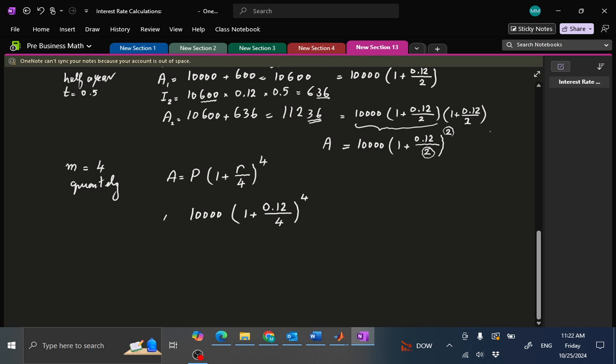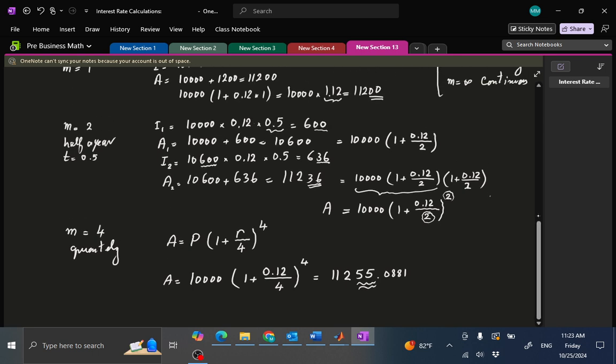So what is the big deal here? Let's go ahead and calculate this thing, see what happens. If you calculate this on your calculator, you get $11,255 and a tiny bit extra, 0.881, for example. So what happened? Look at this extra money.